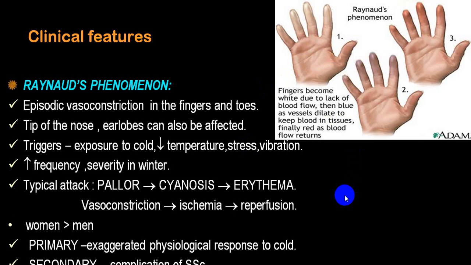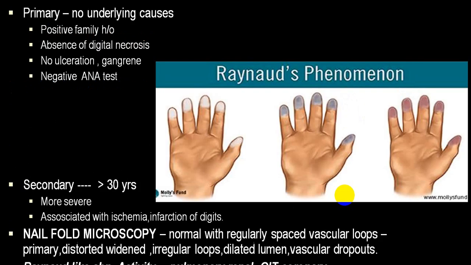We'll be having separate lectures on Raynaud's phenomena and Raynaud's syndrome, etc. Together, we'll be discussing that particular part. Typical three phases: pallor, cyanosis, redness. It can be primary, it can be secondary.